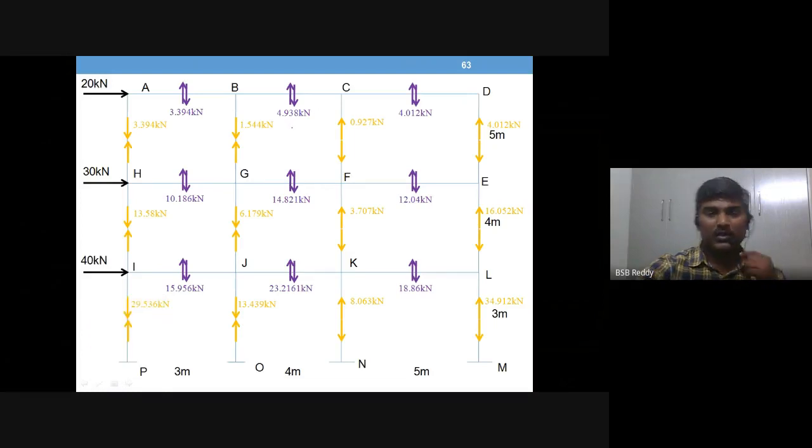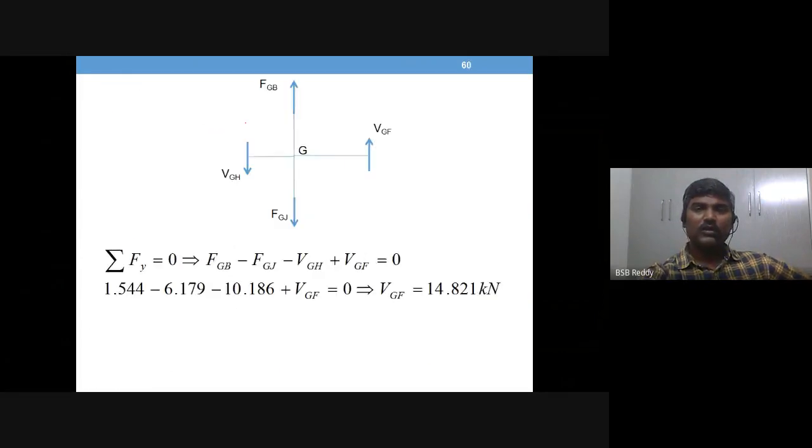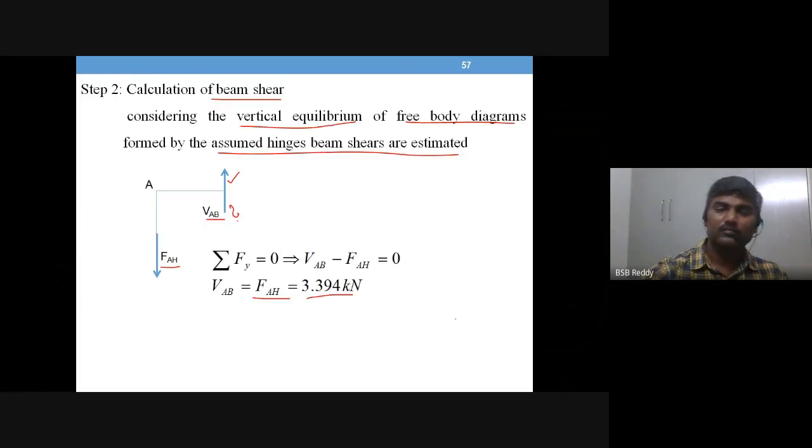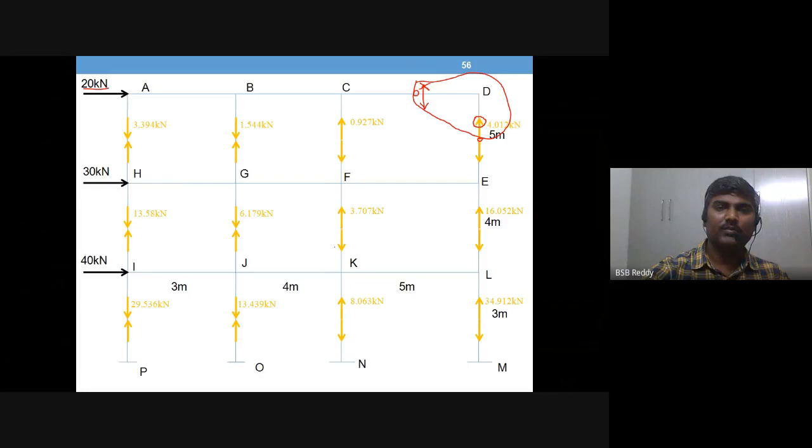Now to get the other beam shear, go back to that joint again. I go for joint B here. So joint B I have taken. Here I have a hinge here, a hinge here, and a hinge here.